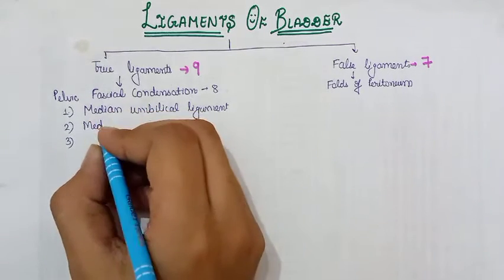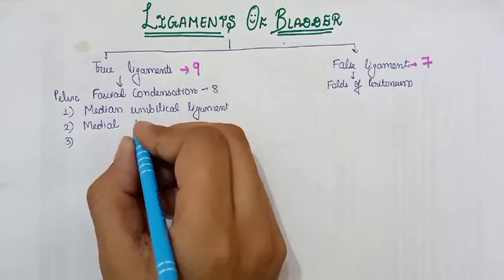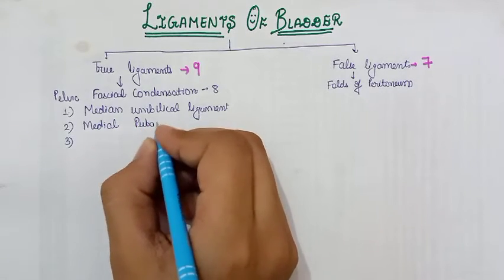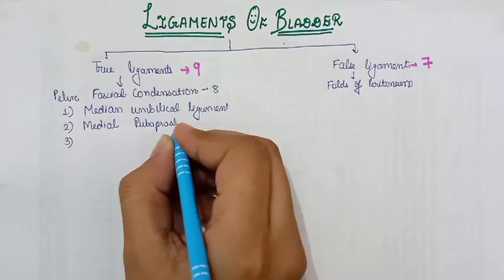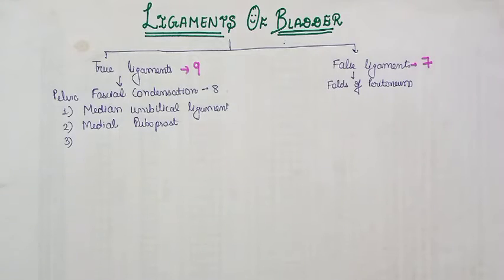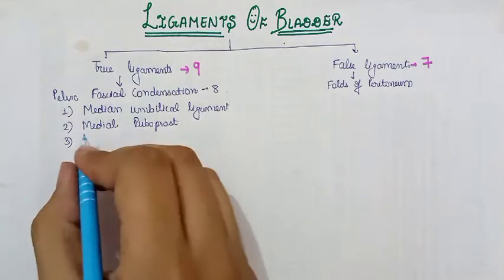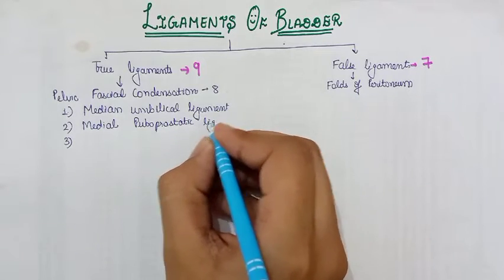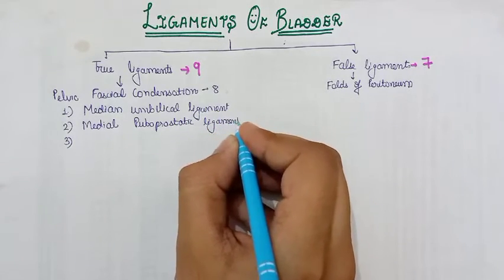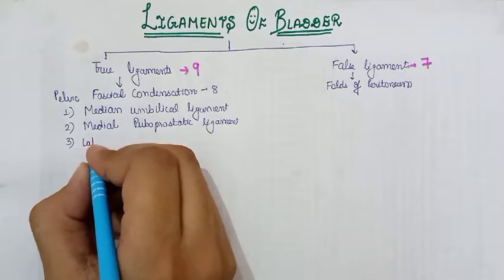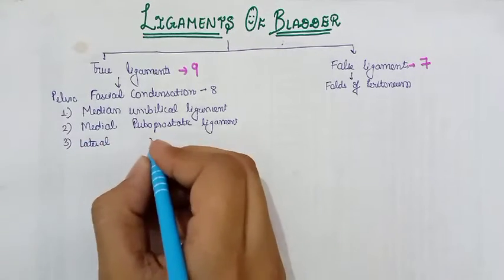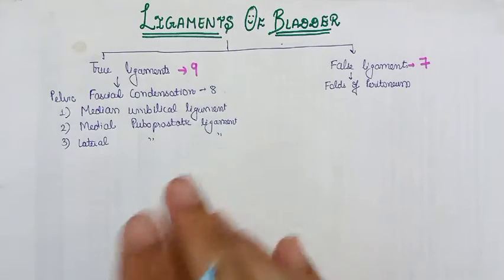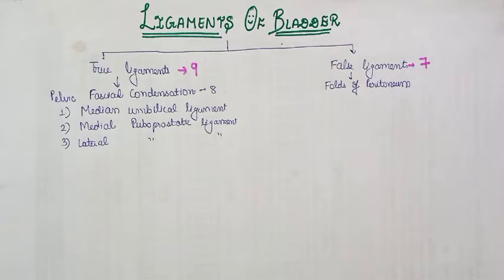So we have the medial puboprostatic ligament and a lateral puboprostatic ligament. The name can indicate how the ligament is attached. I am not writing in full, but in notes you can write it in full.